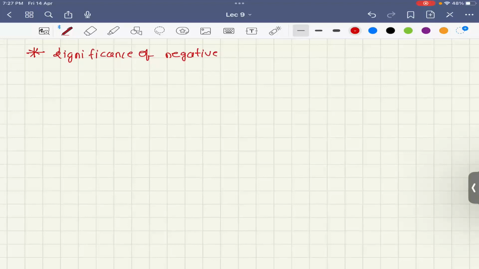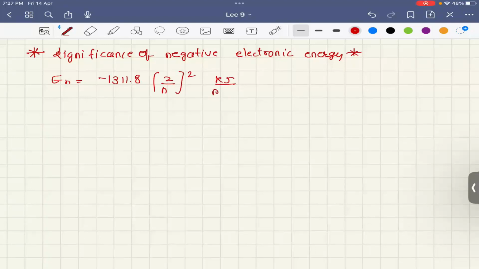Significance of negative electronic energy: it is clear from this relation, En equals minus 1311.8 × (Z/n)² kilojoule per mole, that the energy of an electron in the hydrogen atom is negative. Energy is negative because this term is positive as it's a square. So all these terms come out to be positive and are multiplied by minus one.